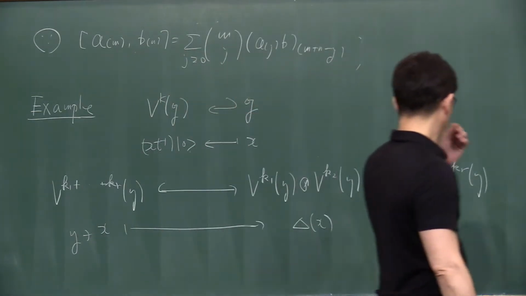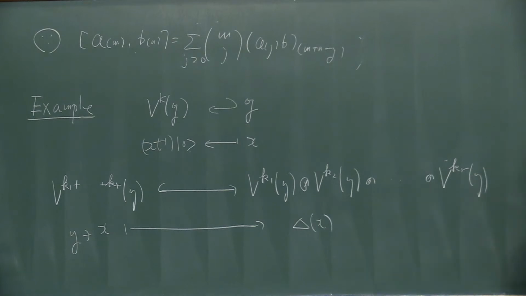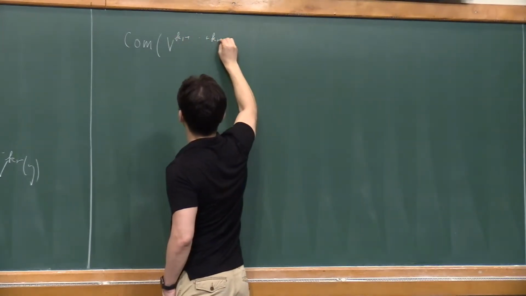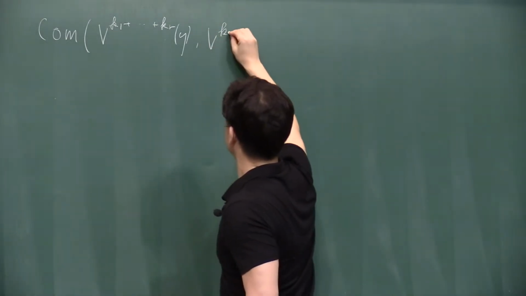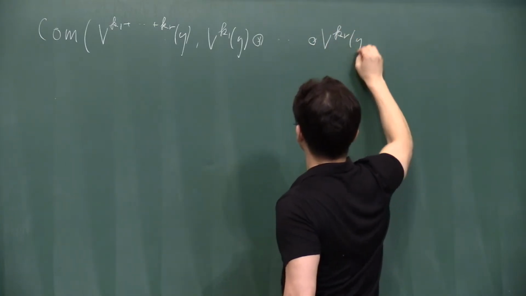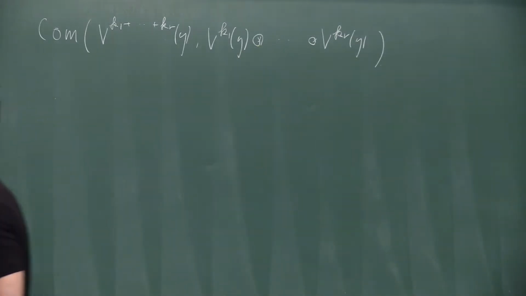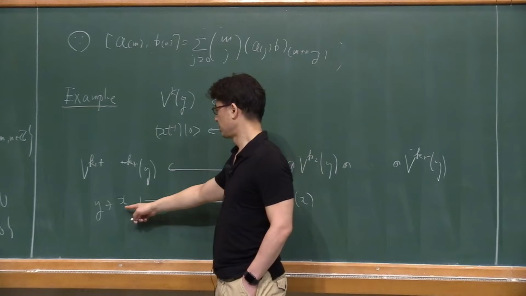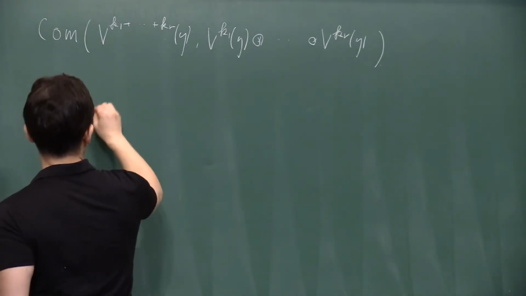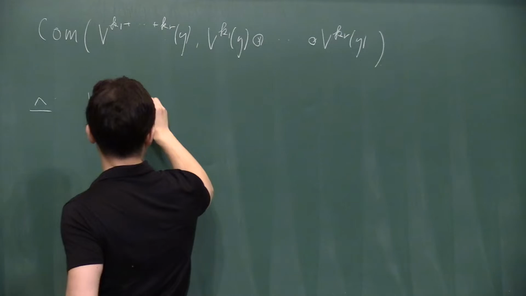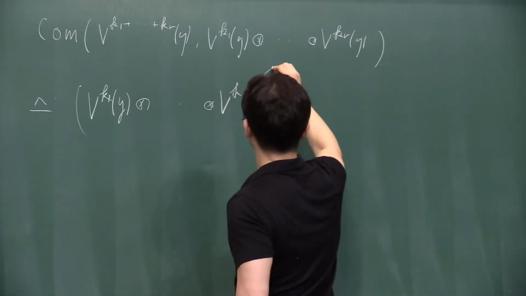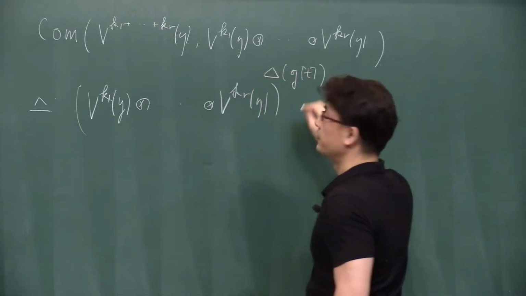So you can consider the commutant, the coset of this vertex algebra. This is a vertex algebra called the diagonal coset. And from the fact that this is generated by elements of g, actually this space is the same as the subspace that is invariant under the diagonal action of the positive part of the affine Kac-Moody algebra.